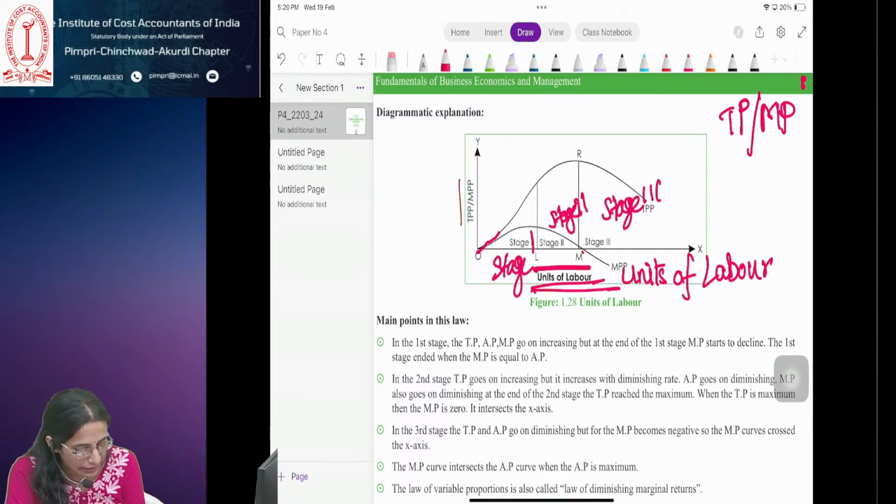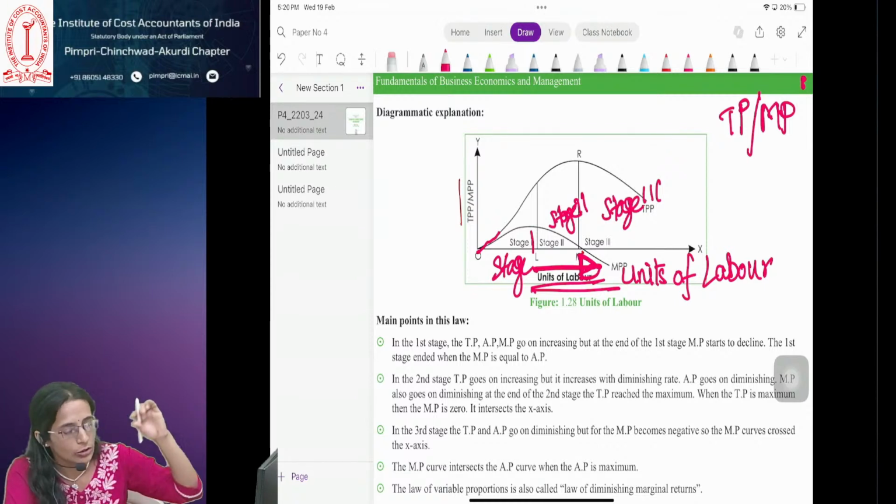As we move towards the right, the variable factor increases.